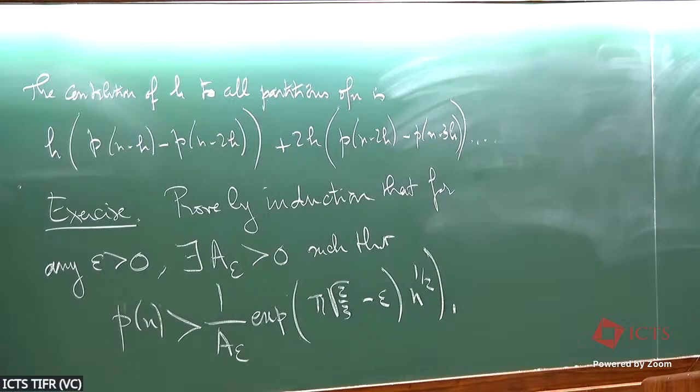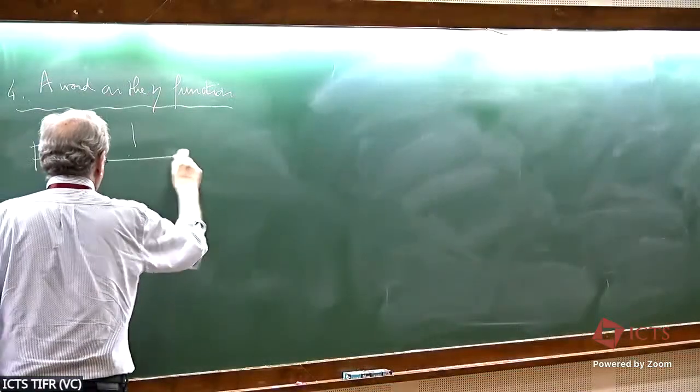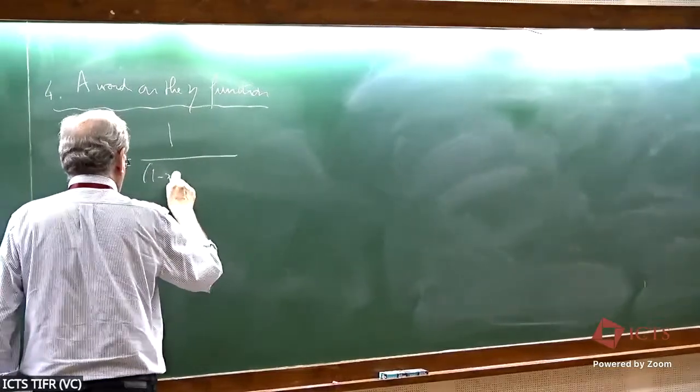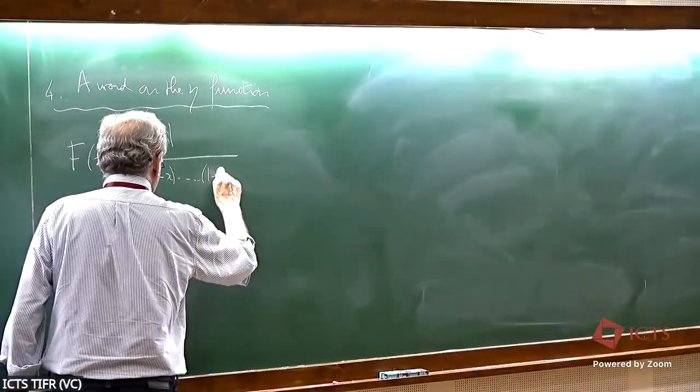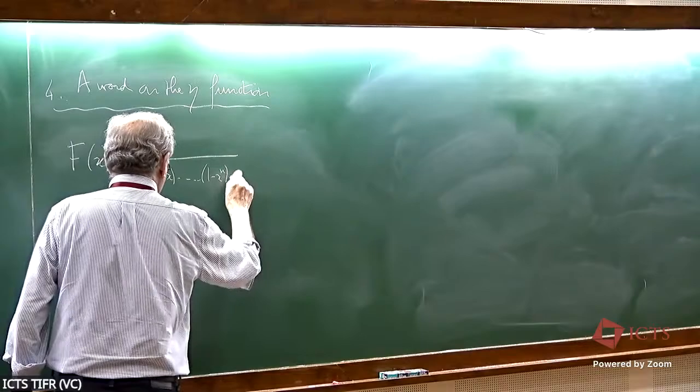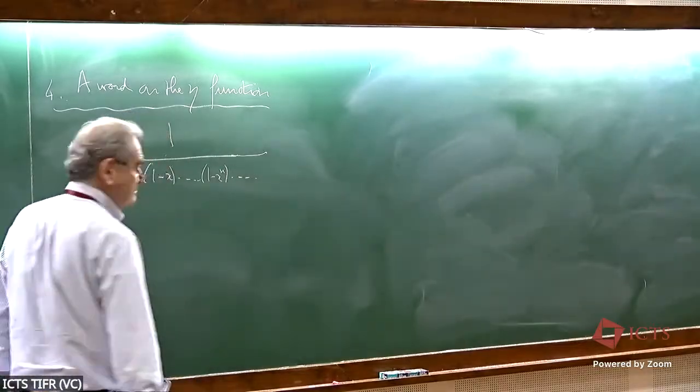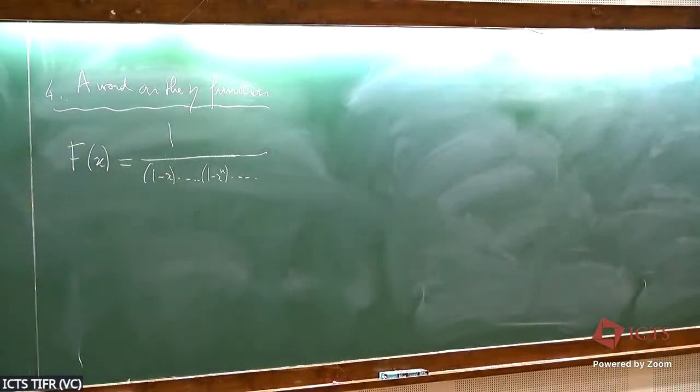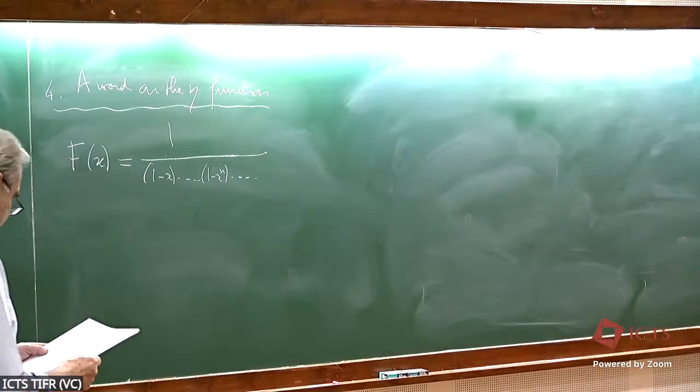What you have is this, that f of x, the generating function, is 1 over 1 minus x, blah, blah, blah, 1 minus x^n, blah, blah, blah. Okay, this is the eta function you have.